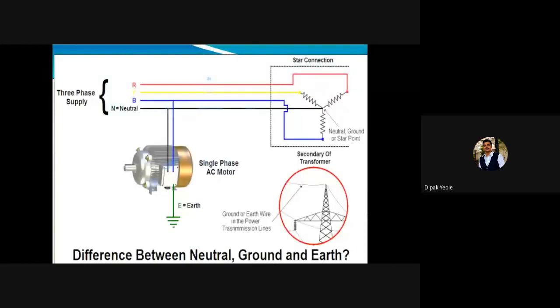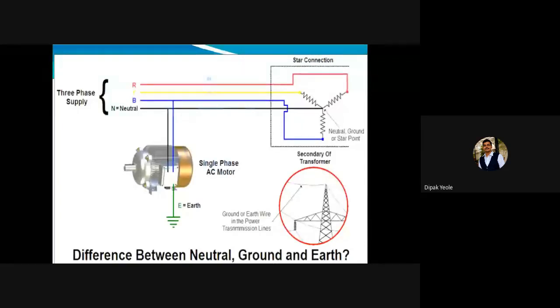If the person touches this machine cover, then obviously he will get a shock. But if we are using an earth, then because of the earth, that excessive charge will go into the earth, so that person will not get the shock. Yes.